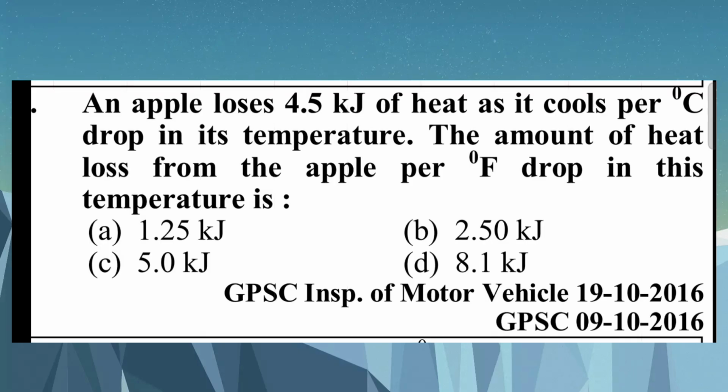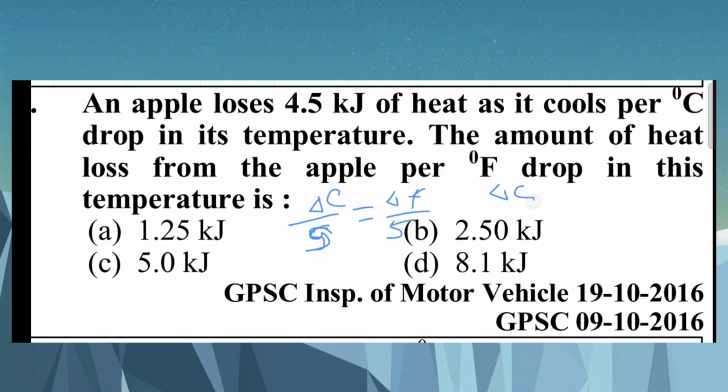A metal loses 4.5 kilojoule heat at its cooling, degree centigrade its temperature. The amount of the heat lost from the metal for a degree Fahrenheit drop in its temperature. We know the relationship between degree centigrade and Fahrenheit: delta C by 5 equal to delta F by 9, सही ना.